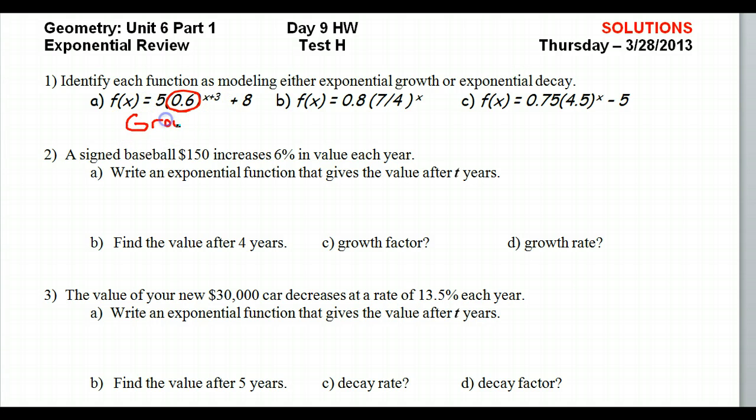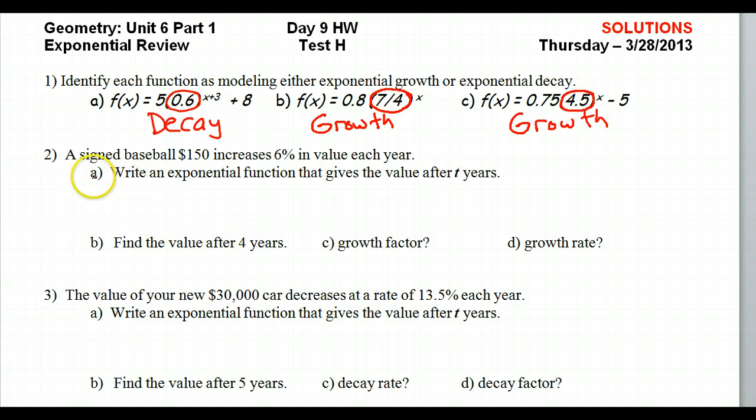So this would be decay because that's less than 1. Now, 7 over 4, clearly that is bigger than 1. So that is going to be exponential growth. And 4.5 is also bigger than 1, so this is going to be exponential growth.